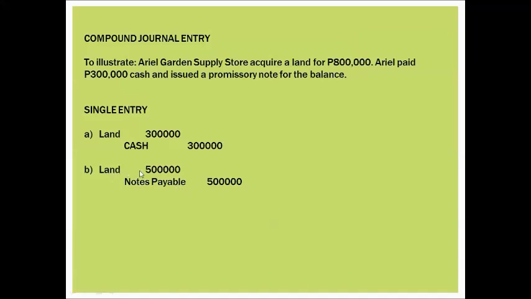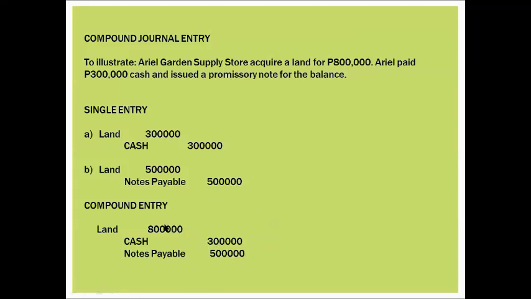And then, another entry is land and then notes payable kasi nga nag-issue ka ng notes dito. Notes payable siya. Pero kung i-compound entry mo siya, guys, magdadalawang credit ka lang. So land, 800,000 and then cash for 300,000 and then notes payable for 500,000.